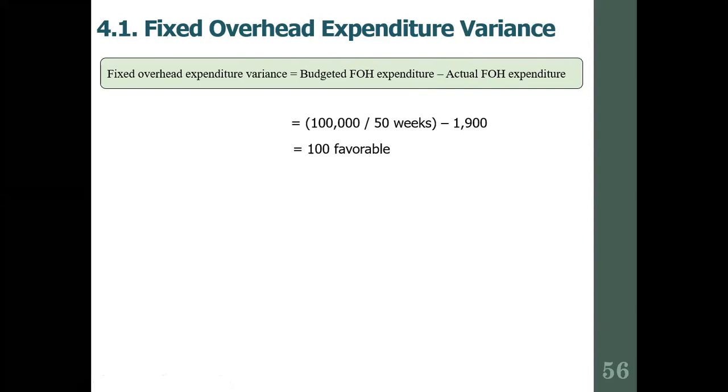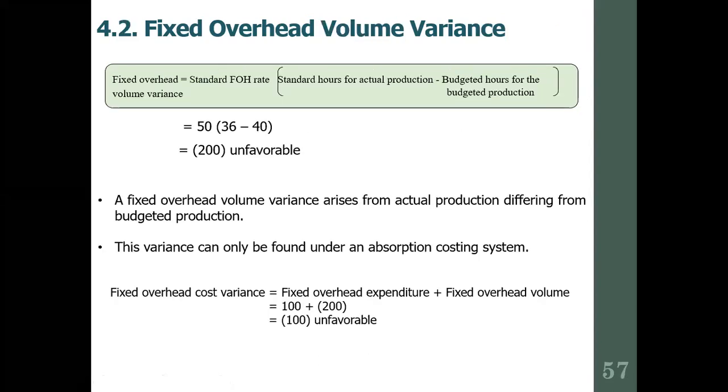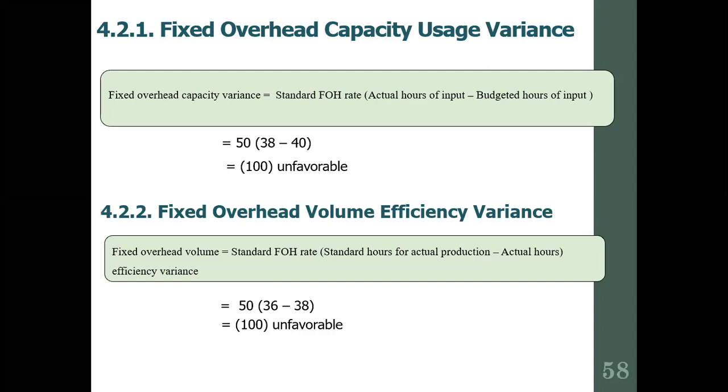It's just the expenditure variance. There's no volume variance, because the fundamental thing is that when it comes to a marginal costing system, we are not going to absorb the fixed cost. We are simply taking it as an expenditure. It's a fixed amount. We deduct it from the contribution. Whereas under the absorption system, we are absorbing the fixed cost, so because of that, volume variances are possible.